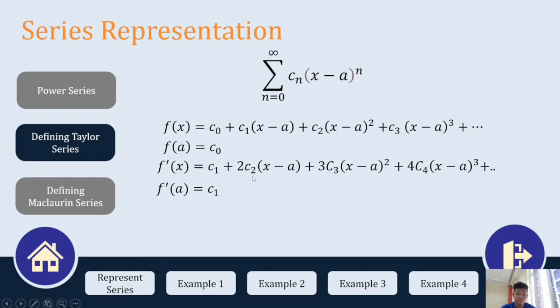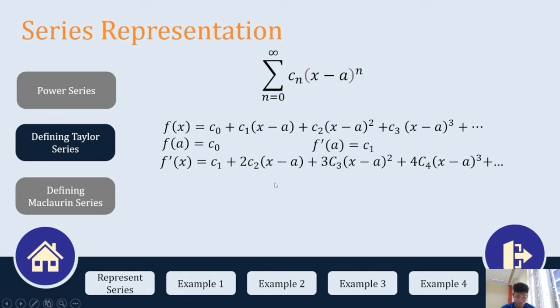How do we find the next one, which is c2? In order to find c2, we have to take f double prime of x, which is the second derivative of the function. If we do the second derivative, we get 2c2 plus 6c3 times x minus a plus 12c4 times x minus a to the power of 2.